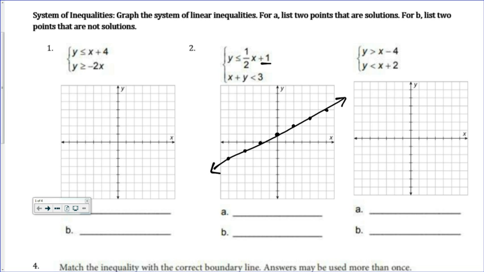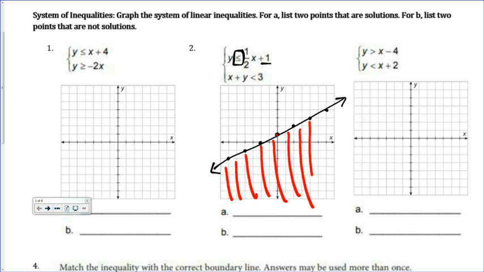My inequality sign says that all of my y values have to be less than or equal to that, so I am going to shade below. I'm going to find my y-intercept, and I'm going to shade below that. You can also substitute a value into your x and y and figure out which one would have made a solution for your graph also.